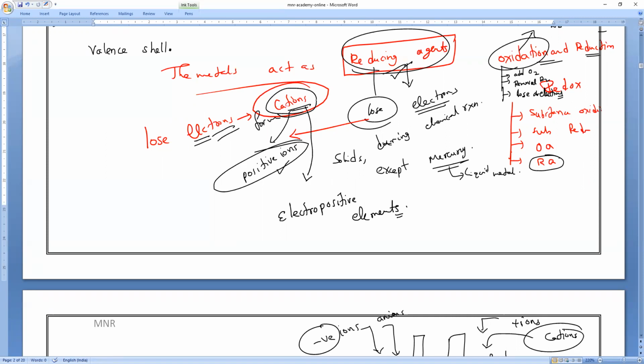Now, that is the reason metals play a very important role in our daily life. Most of the articles we use are made of metals. Articles in English can mean news articles, but here chemistry articles means the objects or useful materials used in our daily life, like utensils, cars, buses, trains, electric fans.